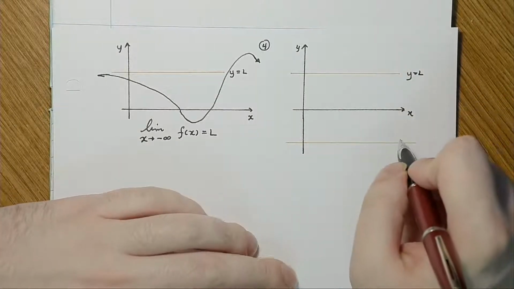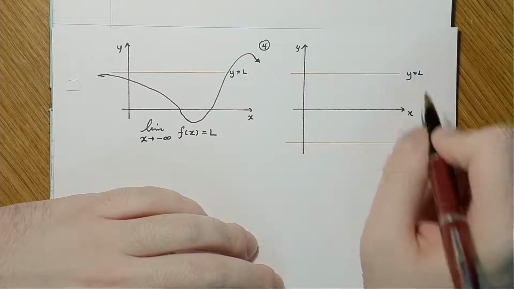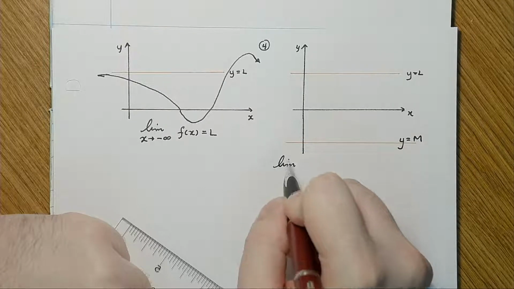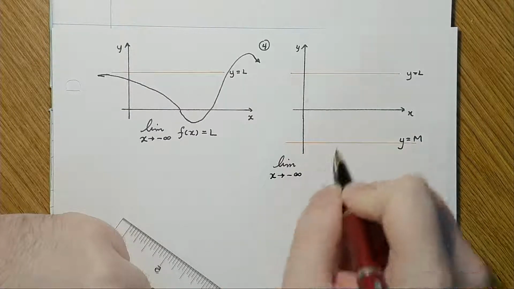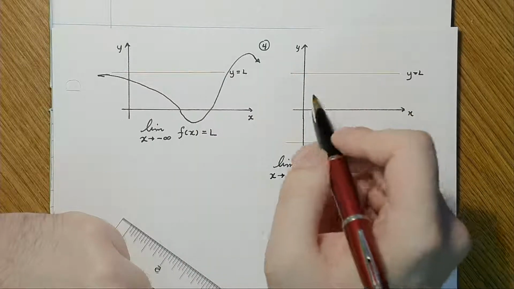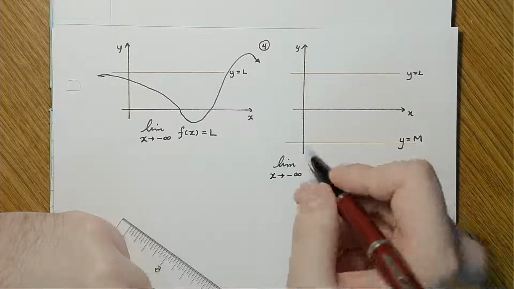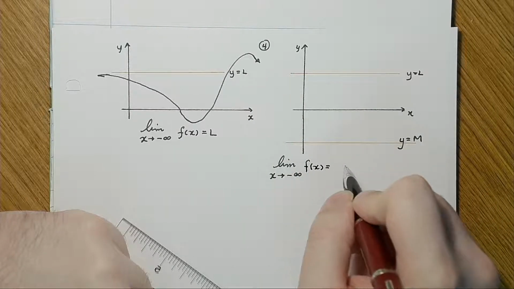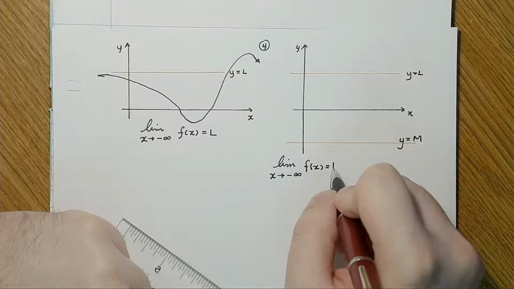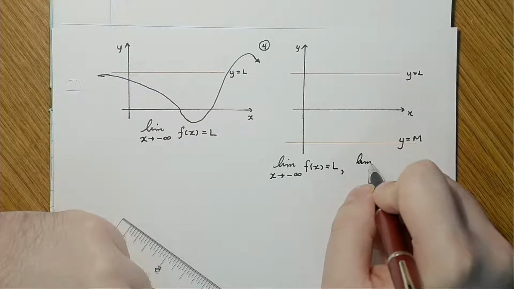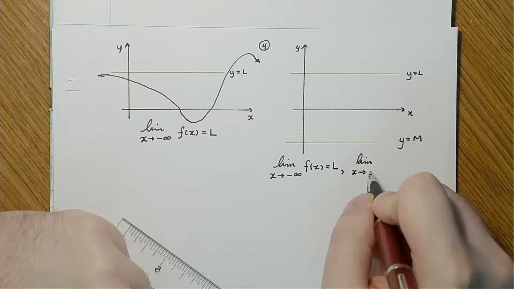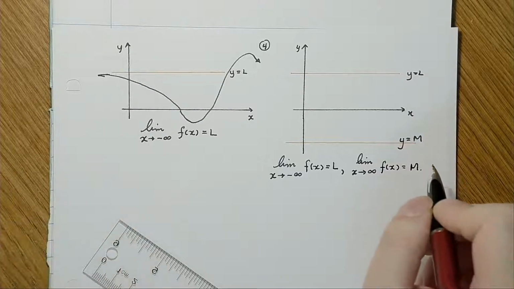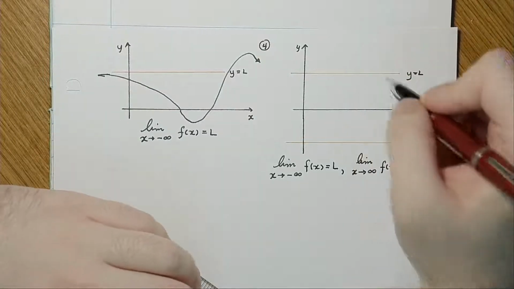So here is 2. I have y equals L. We'll use capital M here. And we'll say that it's the limit as x goes to minus infinity. As it goes to minus infinity, it's going to approach this asymptote, this L. Let's say L, and here's another limit, it's M. For this case, it needs to approach it.